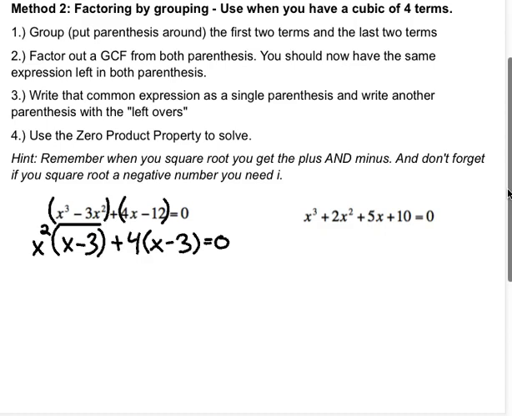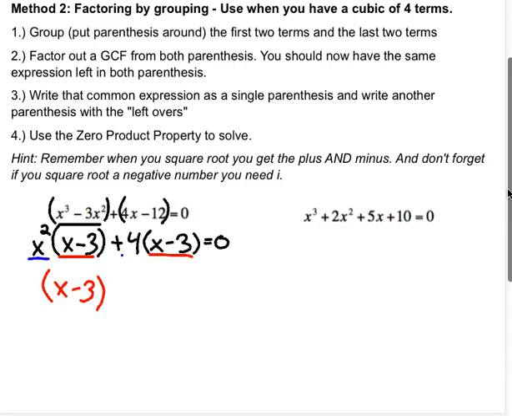Then, once you've done that, ultimately you should have the same things left in the parentheses. That's the only way factoring by grouping works, if you have the same thing in those parentheses. What you're going to do is write those as a single parenthesis. I'm going to pull those together out front.